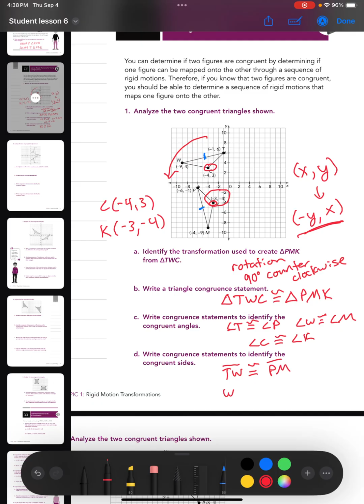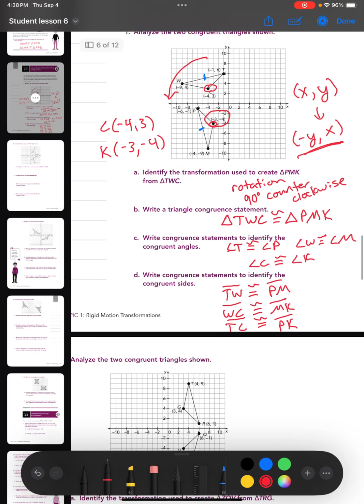The other two: side WC is congruent to side MK, and side TC is congruent to side PK. As long as we're getting the idea of congruent, corresponding sides, especially identifying them when you rotate a figure, can get really tricky. Being able to match those up.